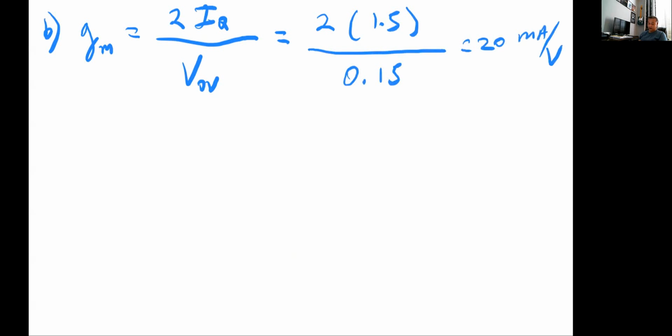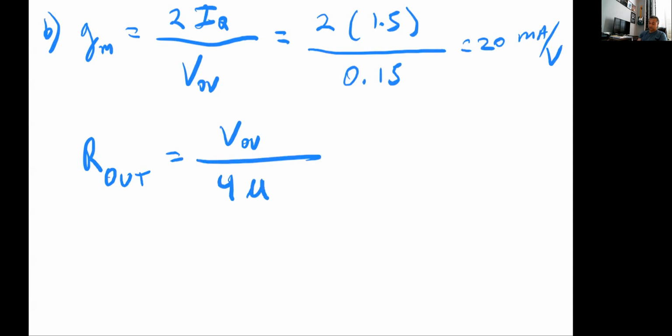Then another equation that applies to this design, derived during the analysis, is that the output resistance of the amplifier is equal to the overdrive voltage divided by 4 mu, the gain of the error amplifiers, times the quiescent current, okay?